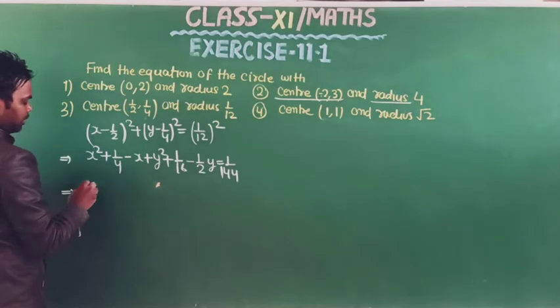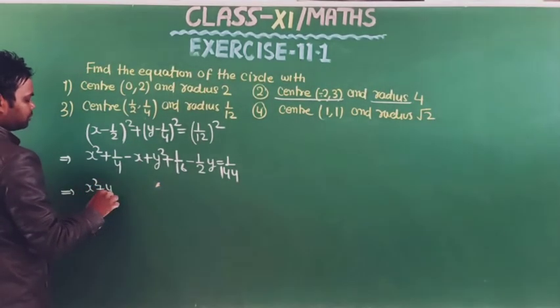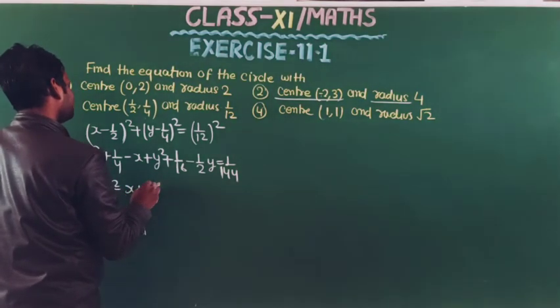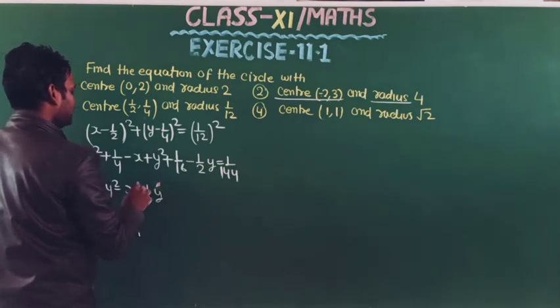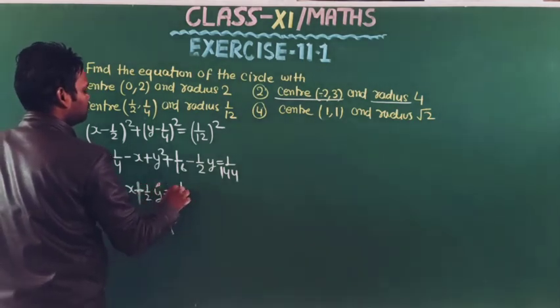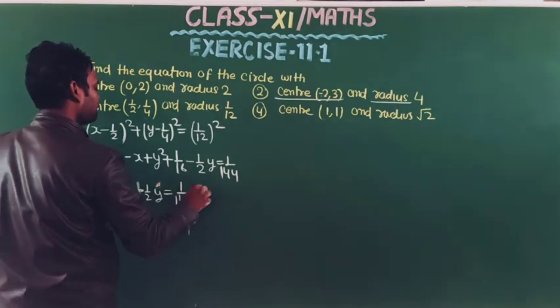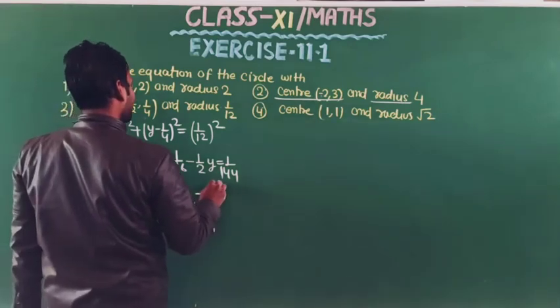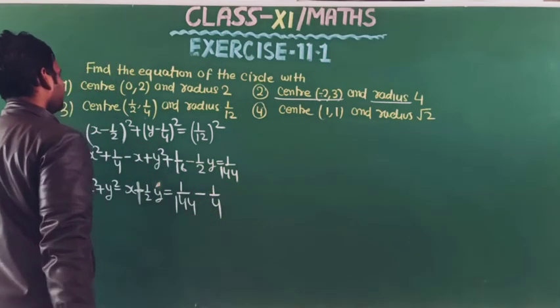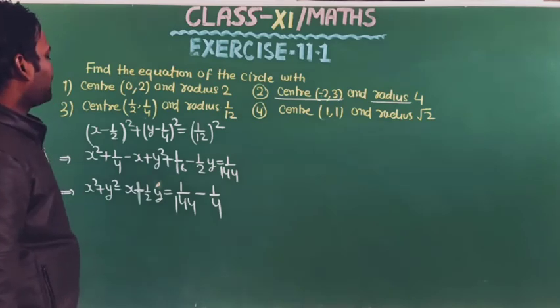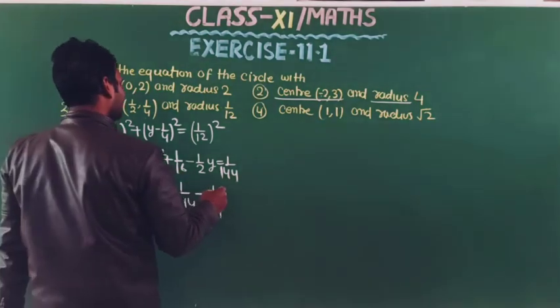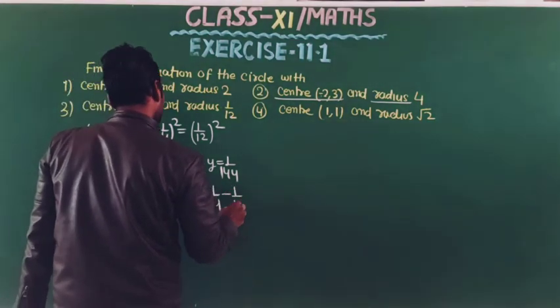So this becomes x square plus y square minus x minus 1 by 2 y equal to 1 by 144 minus 1 by 4 and minus 1 by 16.